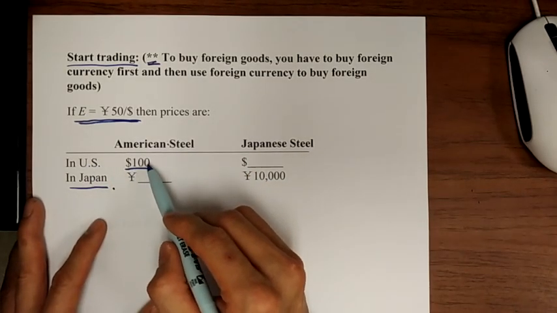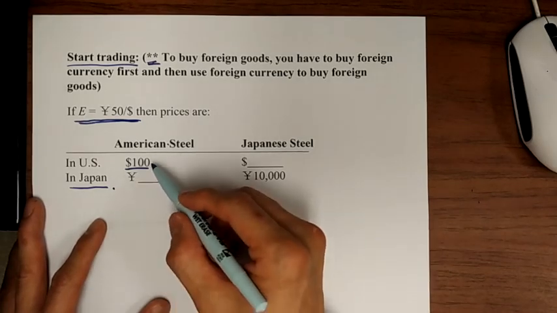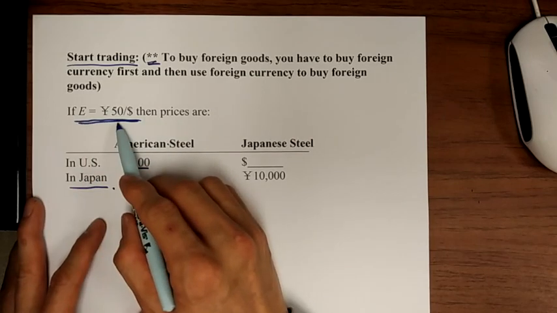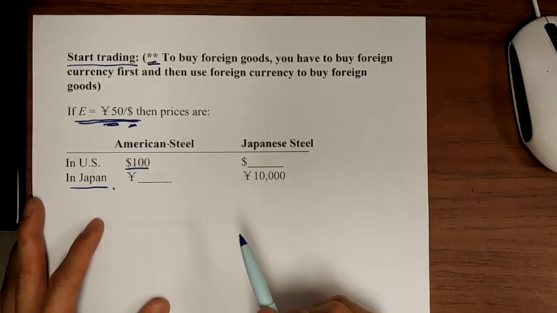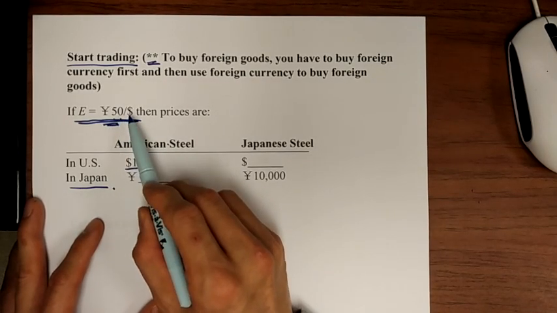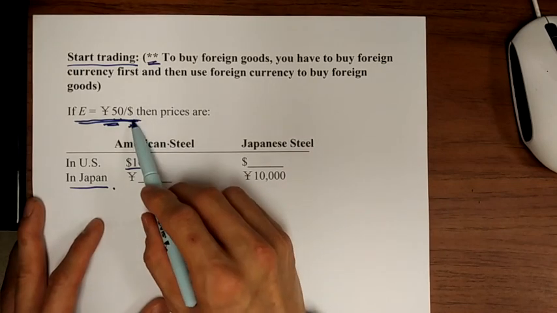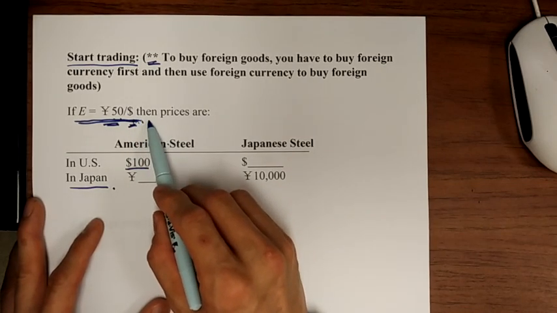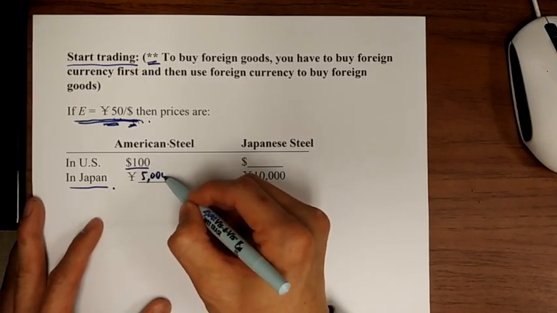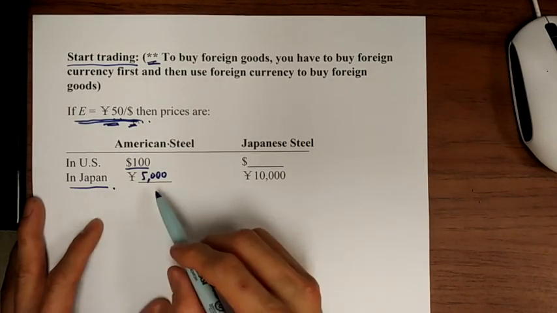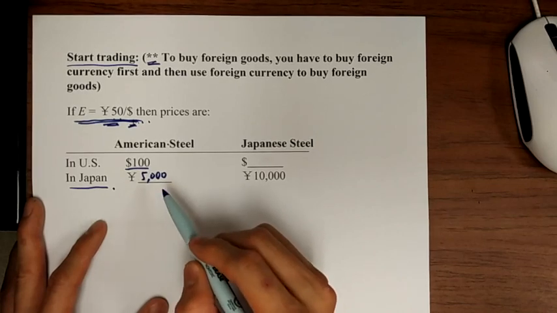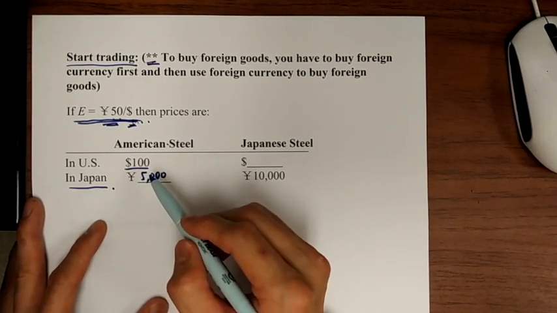So you need to buy $100. How many yens do you need to buy $100 if the exchange rate is 50 yens per dollar? That is, you use 50 yens to buy $1. Now you need to buy $100. Therefore, Japanese will have to spend 5,000 yens to buy $100.